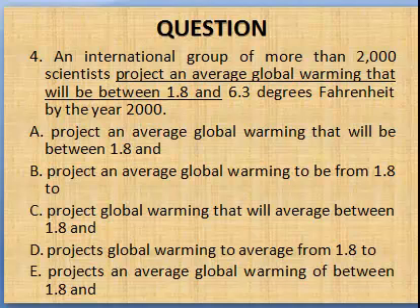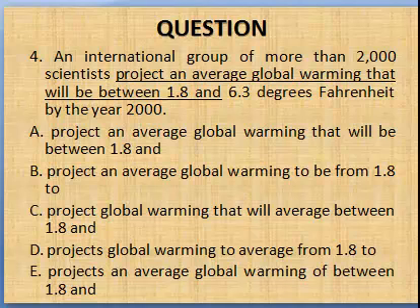So from 1.8 to something, that becomes the biggest hint, or it should be between something. So those are the two things that we want to look at. So project that will be between 1.8.